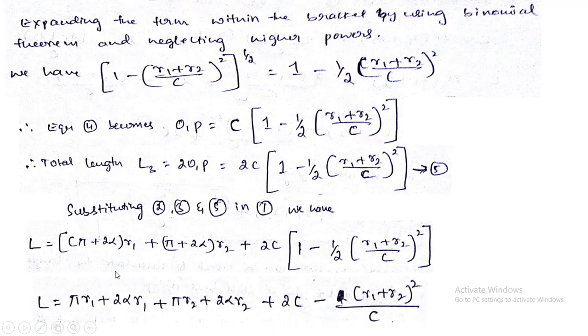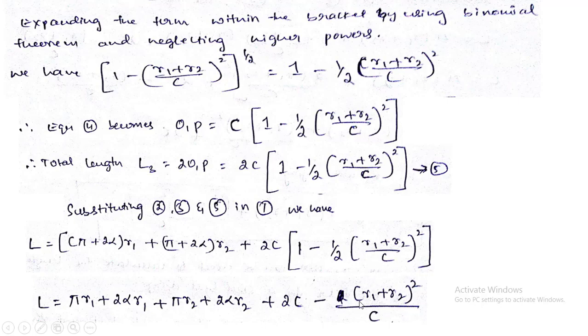I will just multiply all these terms here. Pi into R1, pi R1, 2 alpha R1, pi R2, next 2 alpha R2, and we will multiply this term with the terms which are inside the bracket. 2C into 1, it is 2C, minus, so 2 will get cancelled, and this C will get cancelled with 1C of this.